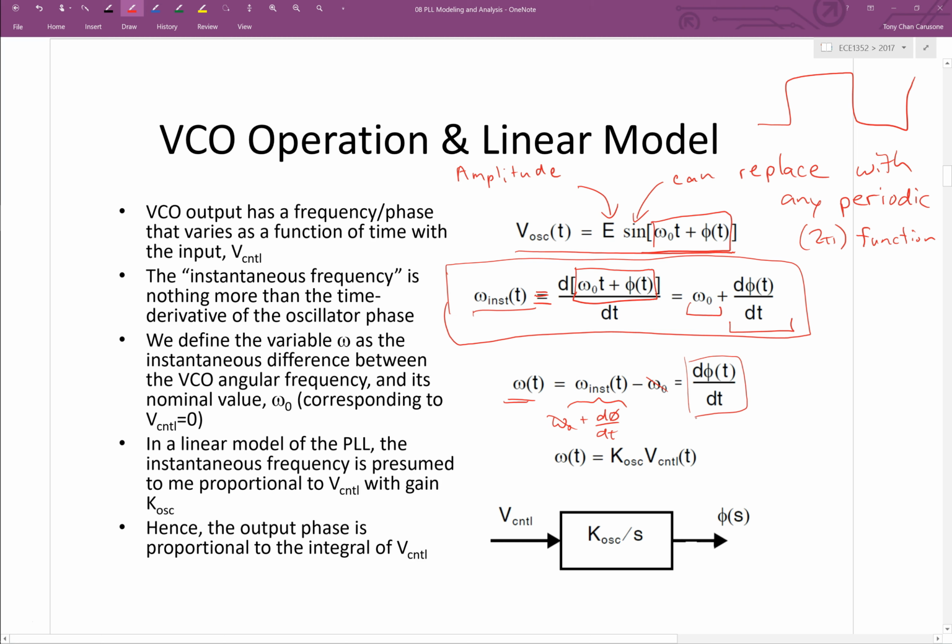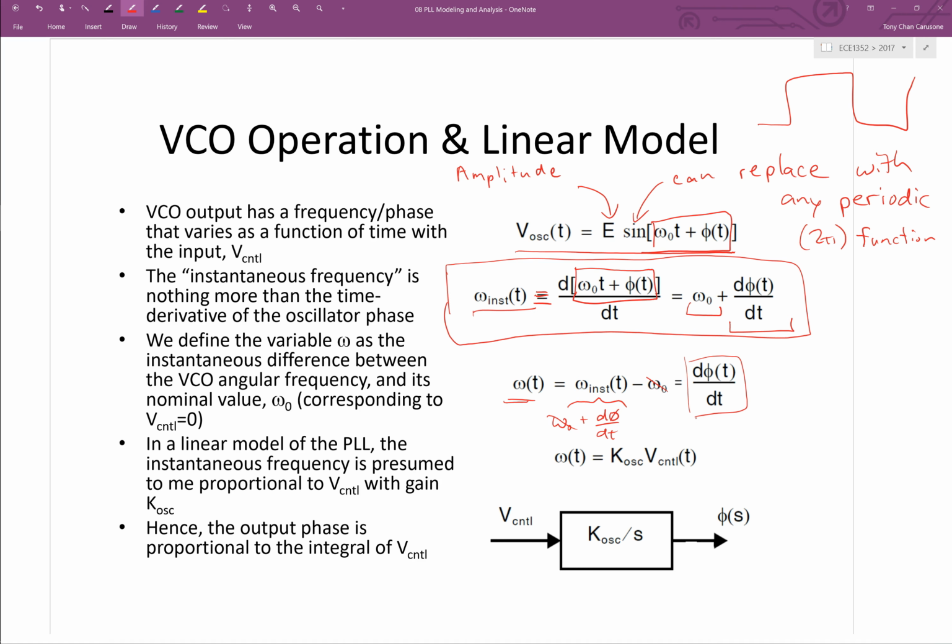So all this seems a little bit roundabout, but I wanted to be rigorous in showing that we can say that the VCO, or any oscillator, has a phase that's the integral of its instantaneous frequency.